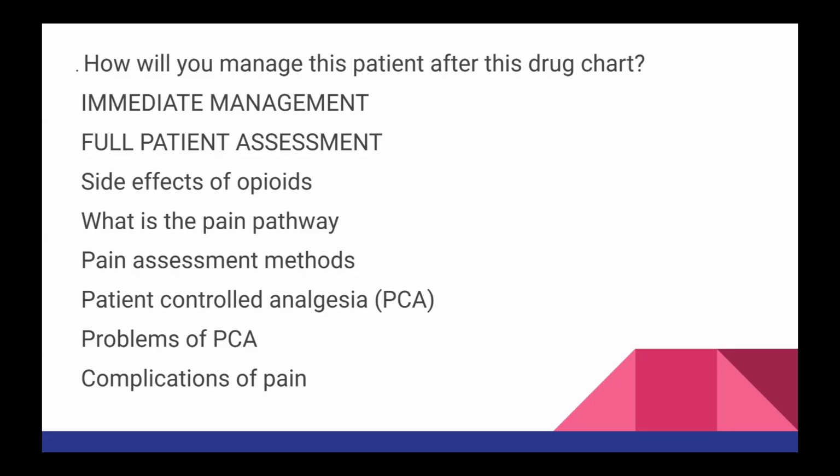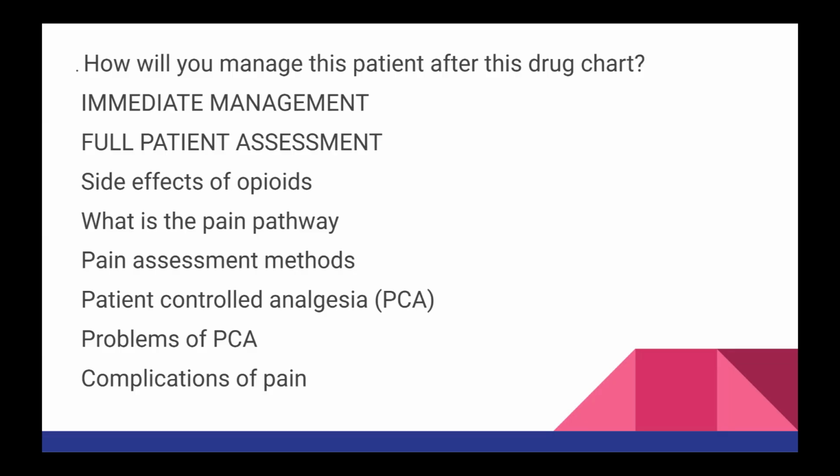We can also give the patient a particular scale from 0 to 10, where 0 is absent pain and 10 is worst possible pain. For children, we can also use the Baker scale, a faces scale. Those are the measures.